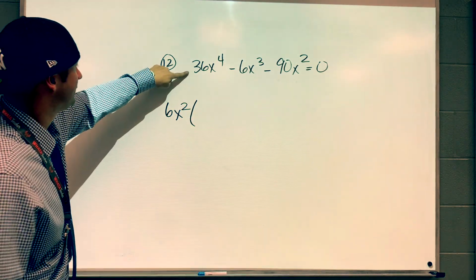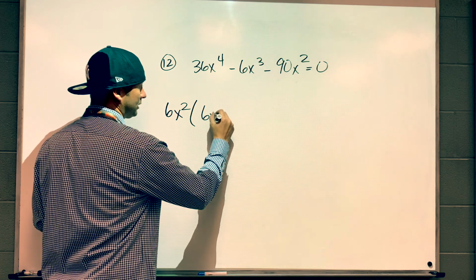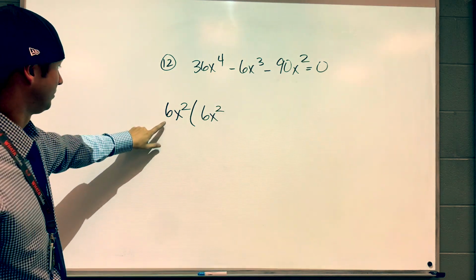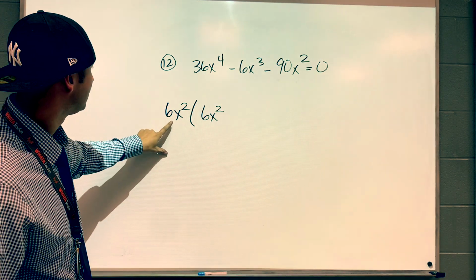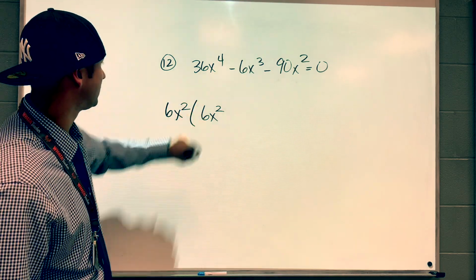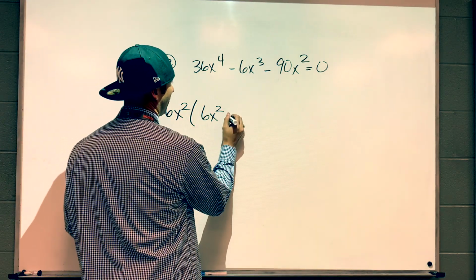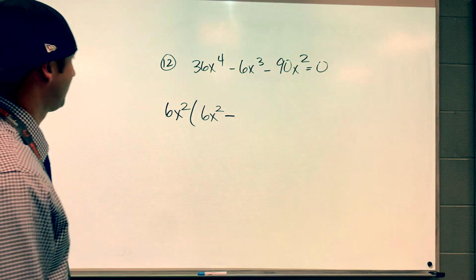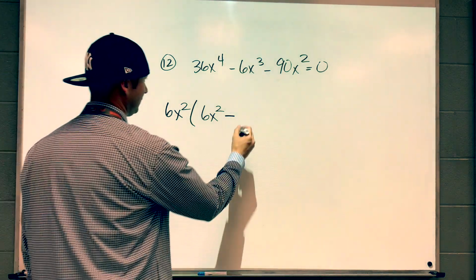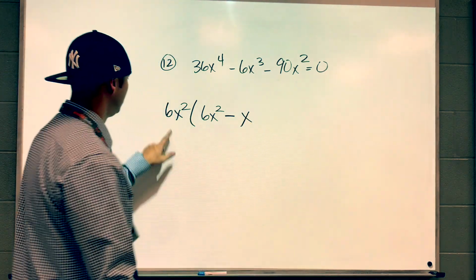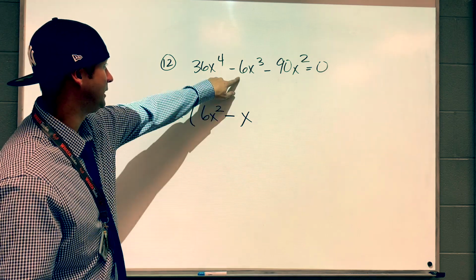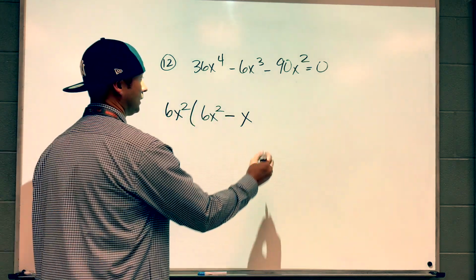So I'm going to get 6x squared. 6 times 6, 36. X squared times x squared is x to the 4th. Minus x, 6 times x, negative x is negative 6x cubed.